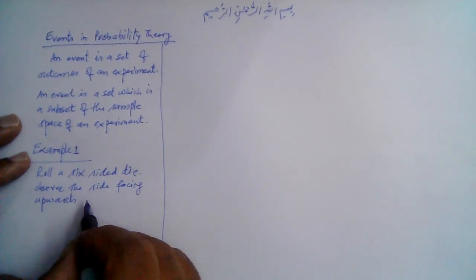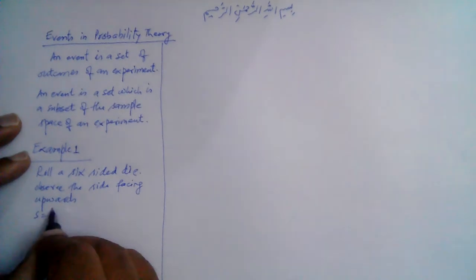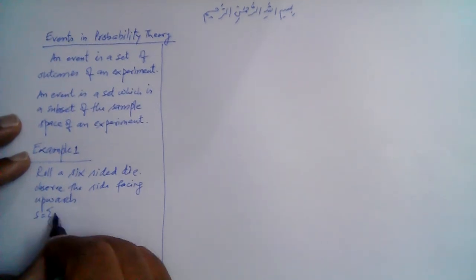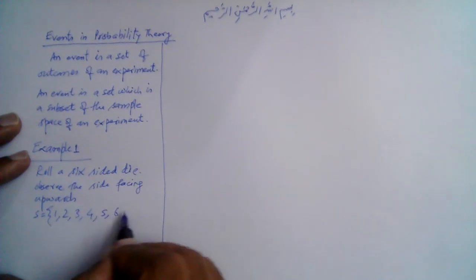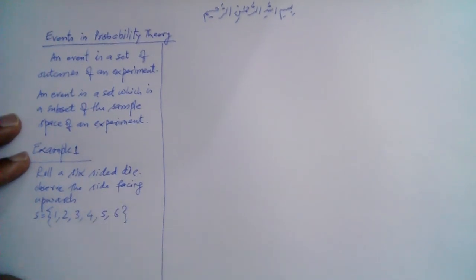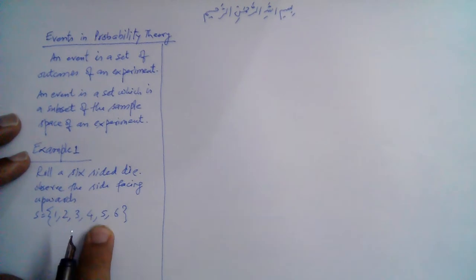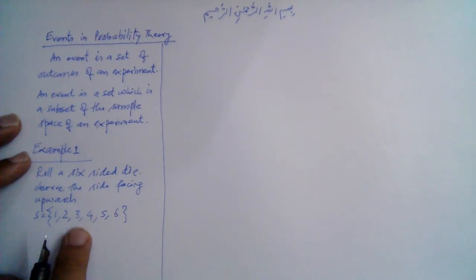The sample space is either 1 or 2 or 3, 4, 5 and 6. So there are 6 likely outcomes. So this is the sample space of this experiment. So each subset of this sample space is an event of this experiment.